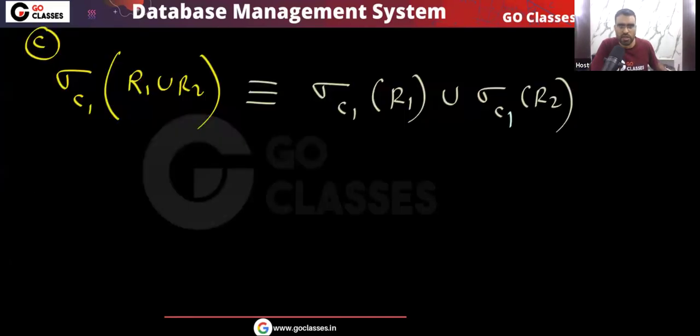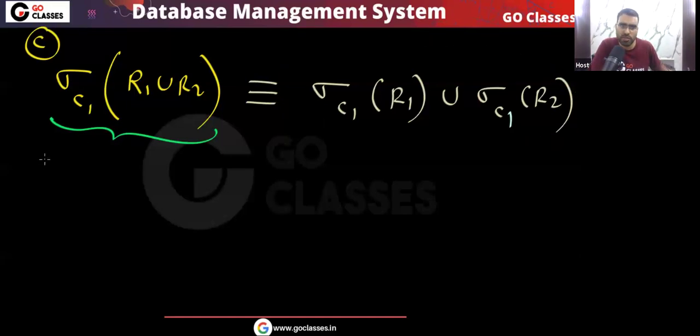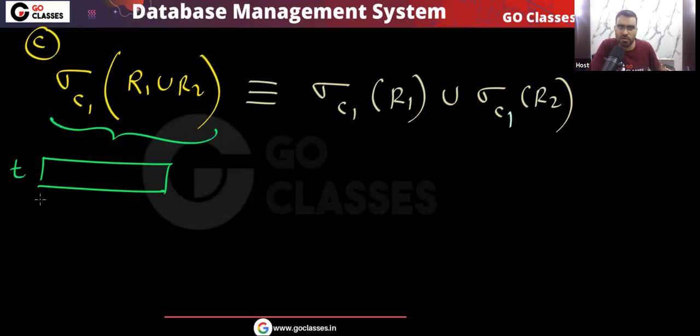So tell me here, in this option C, if any tuple... here this is C1. Very simple question I'm asking. Let's assume there is a tuple here. Can I guarantee that tuple will be here also? Let's assume this tuple T is here. It automatically means that in this result you have tuple T. It means this tuple is either in R1 or R2 and it satisfies condition C1.